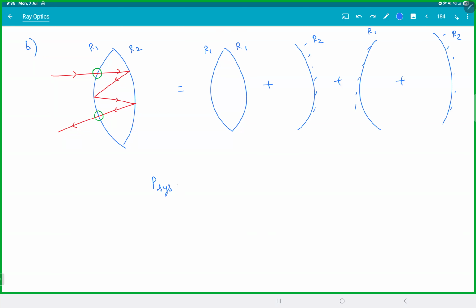That's not R1, R2. It's R1 and R1. The whole system acts like a mirror. Lens plus 2 times mirror 2 plus 1 mirror 1. And the whole thing is minus 1 by Fm. Is that clear, everyone? That's the thing you have to be careful about. It's R1 and R1.